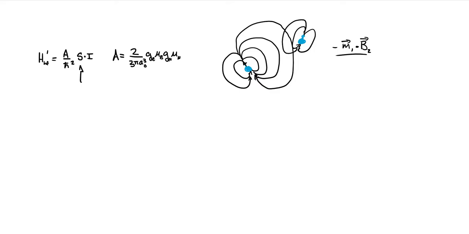And S was the spin operator for the electron, and I was the nuclear spin operator.